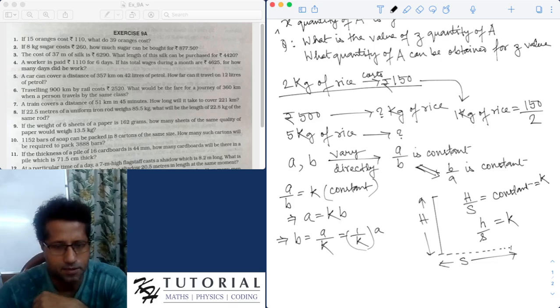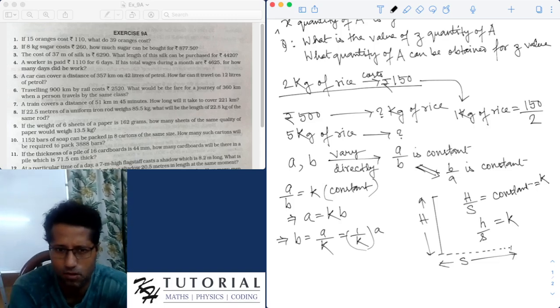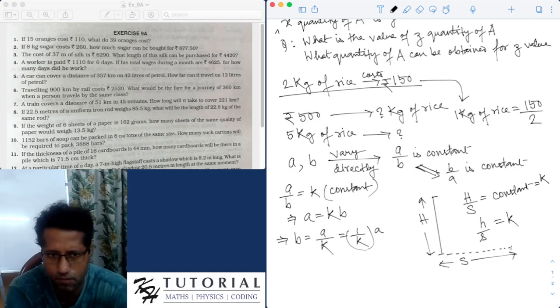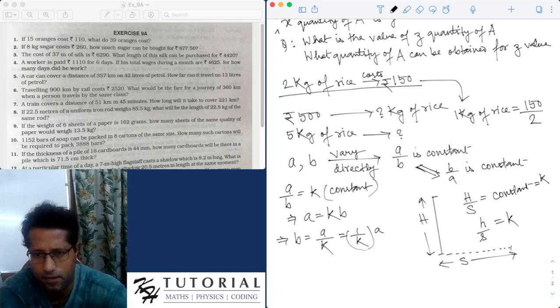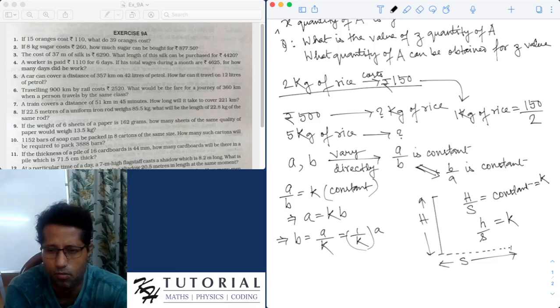Another example is the distance traveled by a vehicle. Suppose a vehicle is traveling at a constant or uniform speed, let's say 20 kilometers per hour. In that situation, the distance traveled by the vehicle and the time for which it has traveled are in direct variation. That is, the distance traveled by the car will be more in more time.